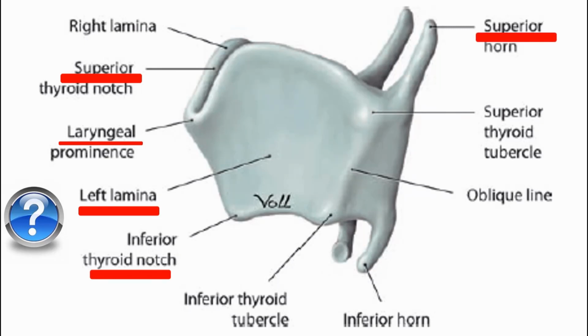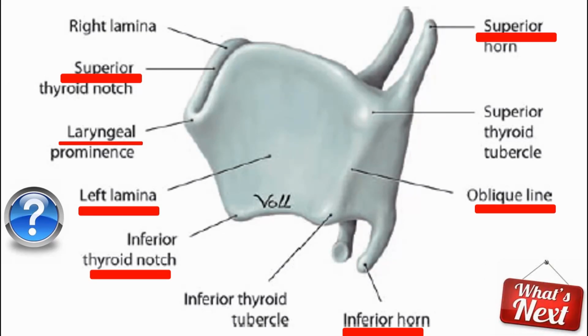Then we have a process extending superiorly, and this is called the superior horn, and an inferior horn. This inferior horn is going to articulate with the cricoid cartilage by a facet on its lateral broad side.